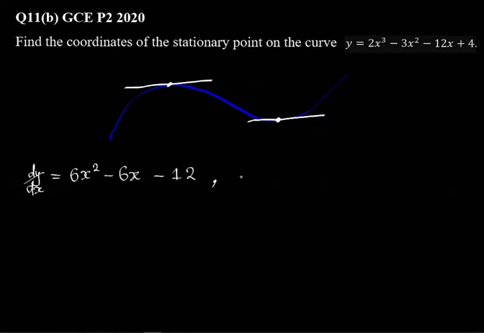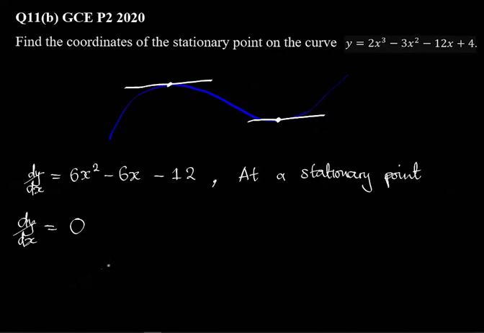Then we know that at a stationary point, dy dx is going to be equal to 0. So we're going to set this expression that we have, the gradient function, we're going to equate it to 0, and then we're going to find its solution.